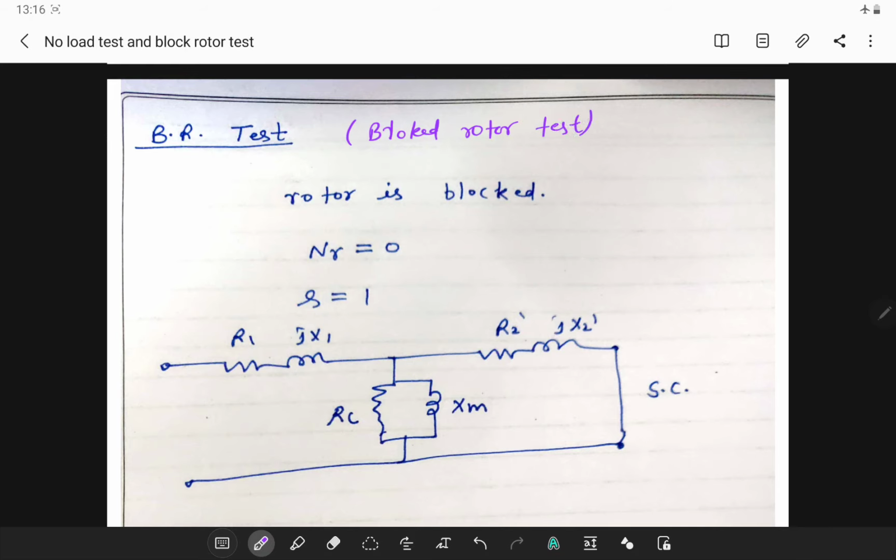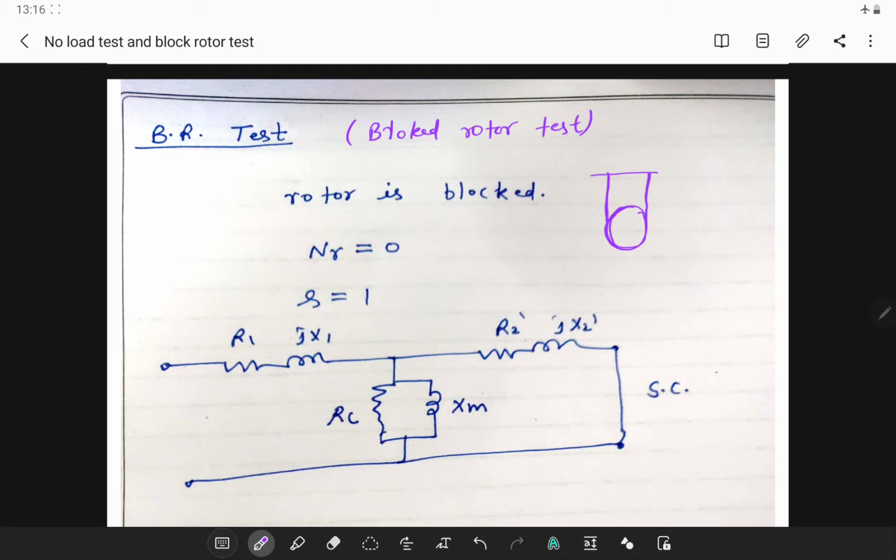Okay, so in this, what we do, we try to find out the rated copper loss of the machine by injecting the rated current in the winding. So what we do, we block the rotor. Suppose this is our machine rotor, we block it by some means so that the motor won't rotate. Okay, so we block, this is the belt, and we block this pulley, and we apply some voltage.